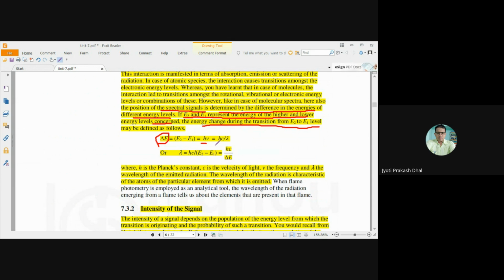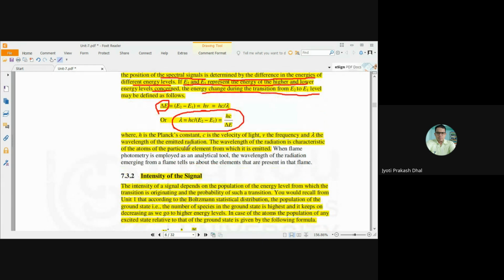So we can easily calculate the frequency or wavelength of the emitted radiation by the atom. And similarly, lambda can be calculated by hc divided by delta E. Here h is the Planck's constant, c is the velocity of light, nu is the frequency, and lambda is the wavelength of the emitted radiation.